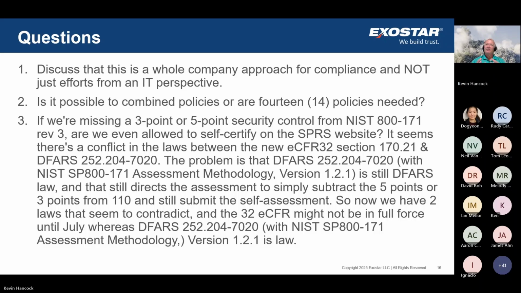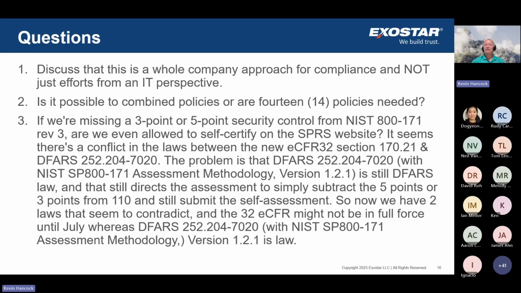So this is, I think, conflating some of the different things that are going on. So there are current clauses in your DFARS contracts, namely the 7019 clause, that requires you to do a self-assessment and score yourself and submit that score into the SPRS system. So that's a requirement you may very well have in a contract today.